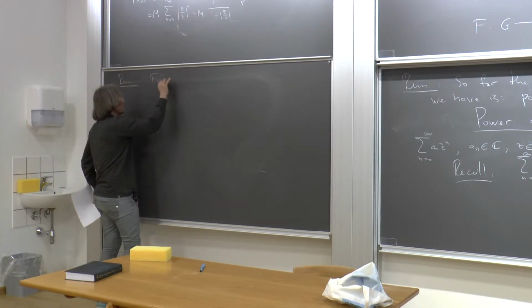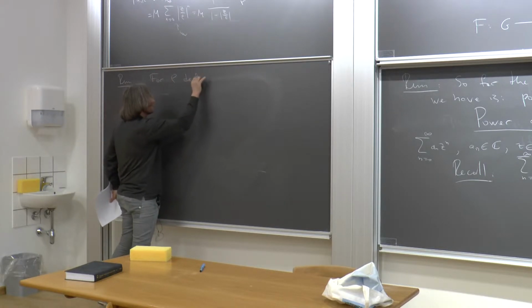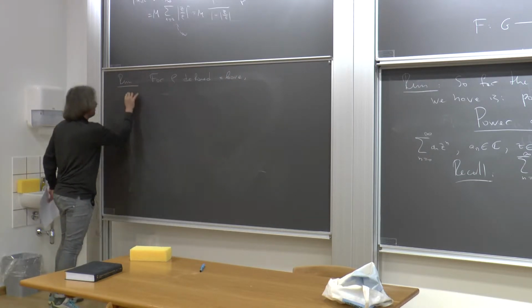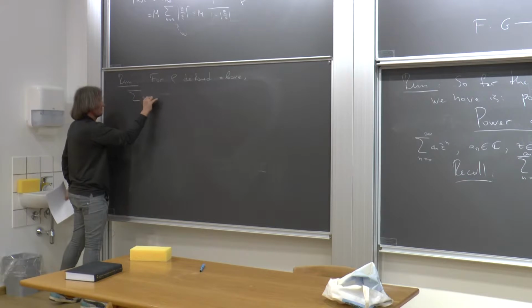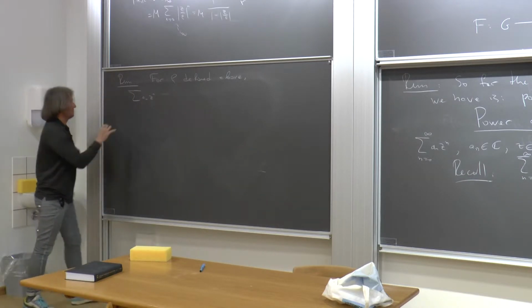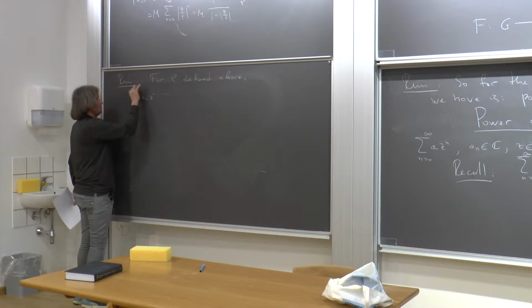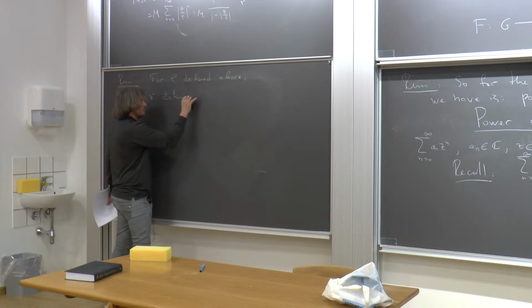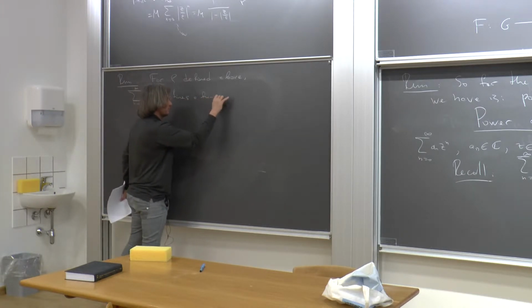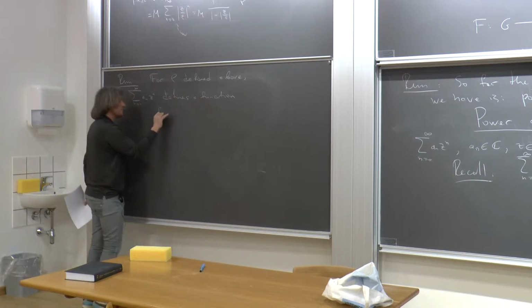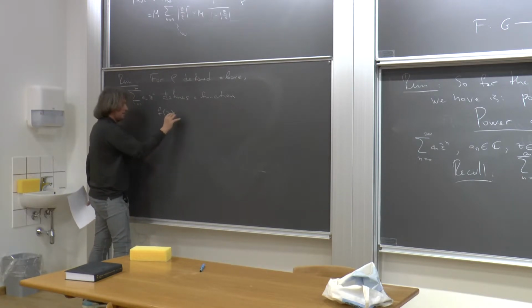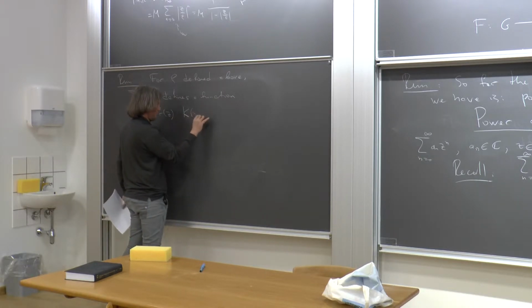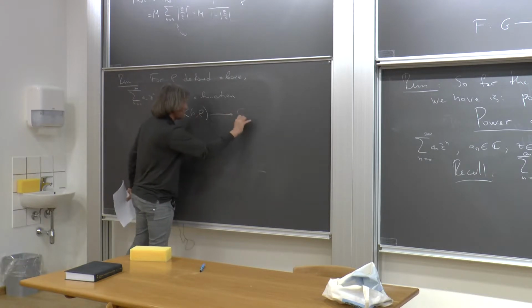For ρ defined above, the sum of these series defines a function, call it f of z, from this disk of convergence to complex numbers.